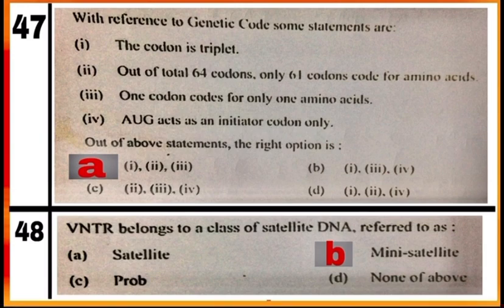And statement 4. AUG acts as an initiator codon only. In this, first three statements are correct, but fourth statement is wrong. AUG has a dual function. It codes for methionine as well as it acts as an initiator codon. So, here mark A as a correct answer.